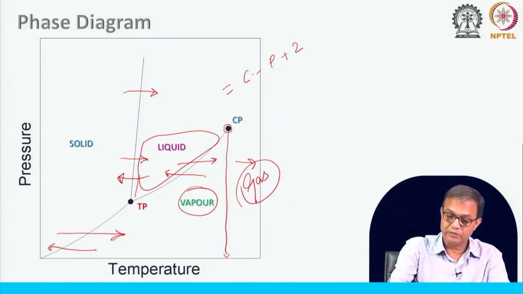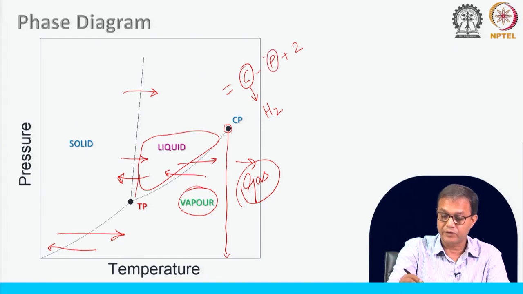Here C is the number of components. Say here this is a single component, hydrogen, and P is the number of phases; if it is a single phase, then C is 1, P is 1 and the constant is 2.